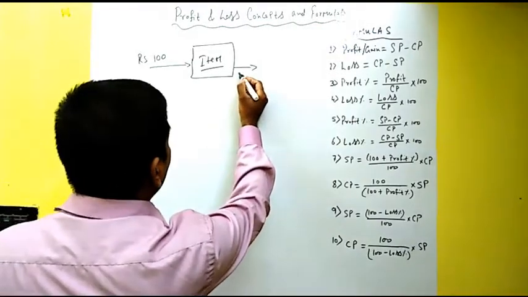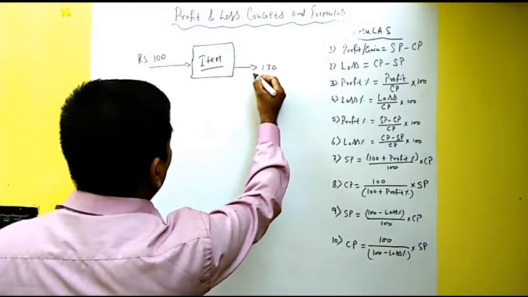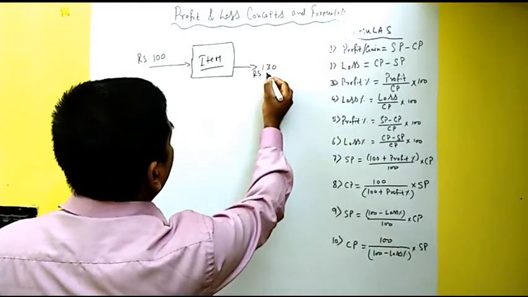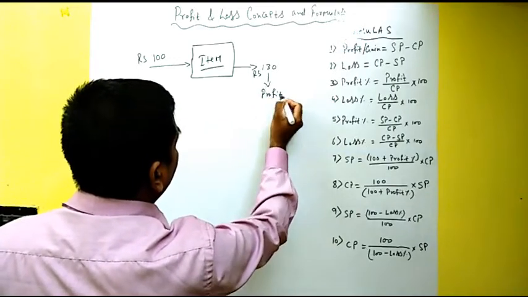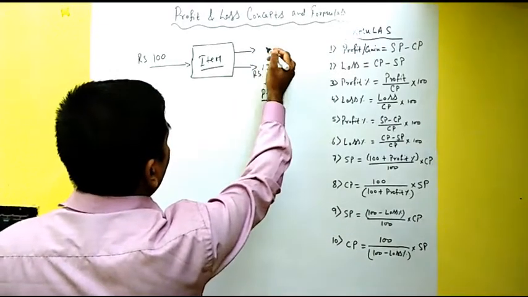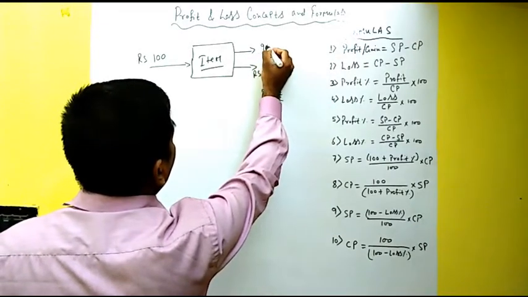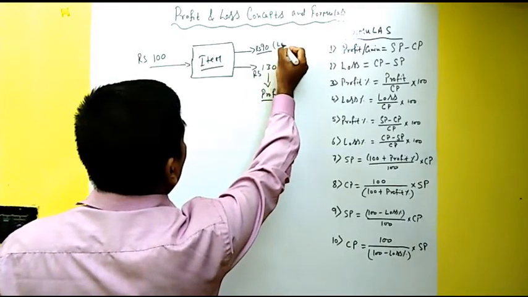Let's say if you sold it for 130 rupees, then in this case you are making profit. And if you sell the same item for, let's say, 90 rupees, then in this case you are making loss.